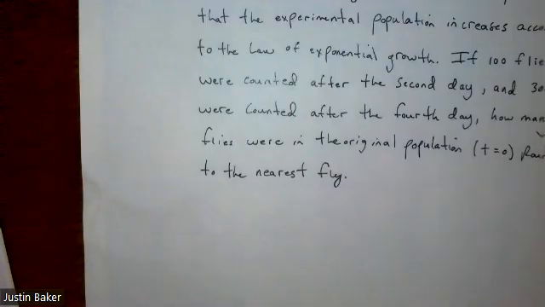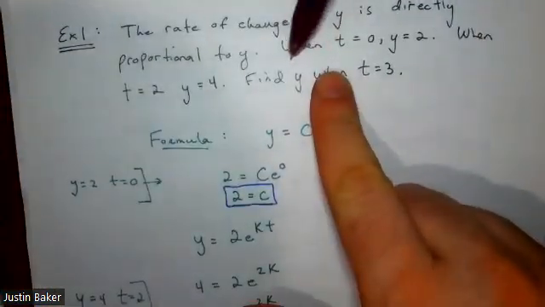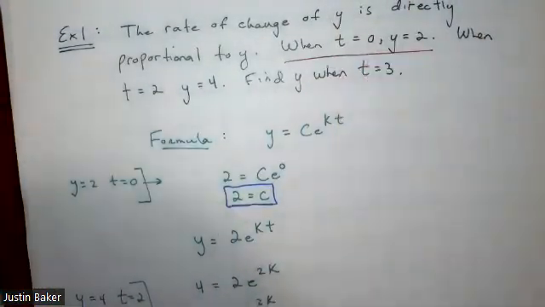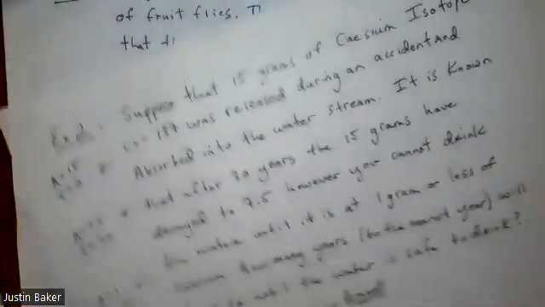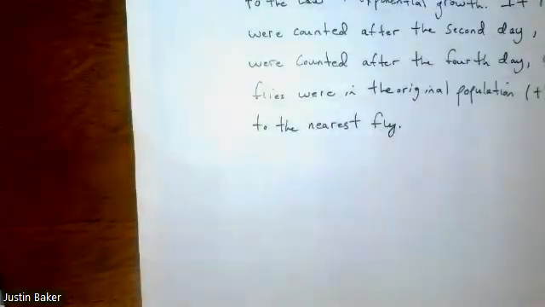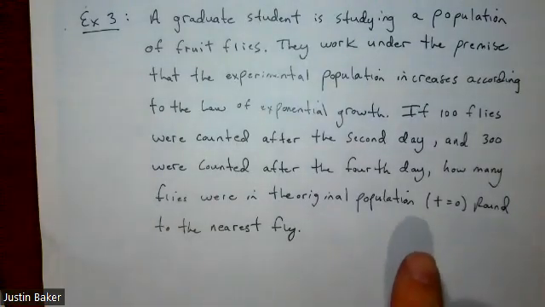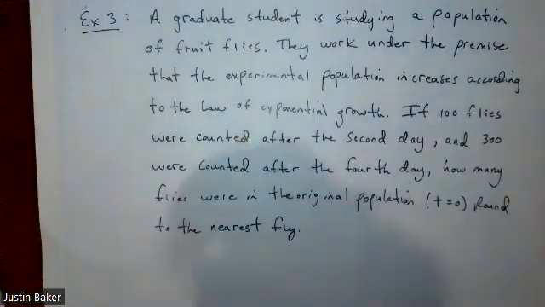In example 1, we had that initial condition of t equals 0, and in the second one, we also had t equals 0, when the amount was 15. Whereas in this question, I don't see anything that says at t equals 0. More specifically, this one is having us work backwards to figure out what the amount at t equals 0 is.